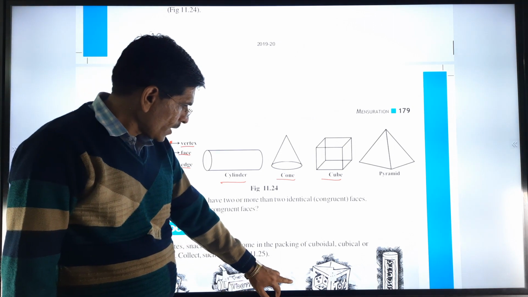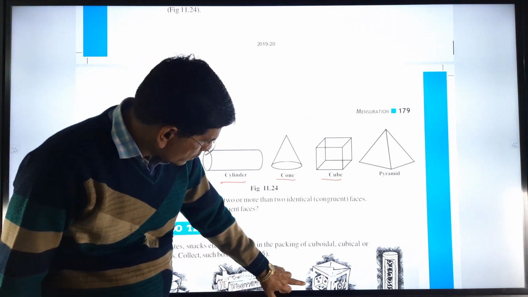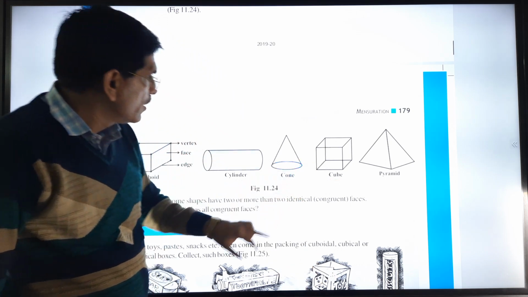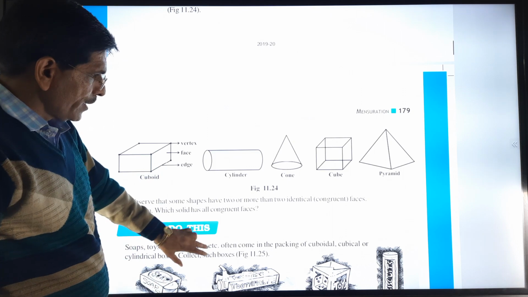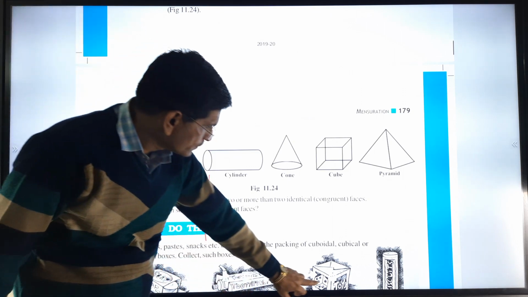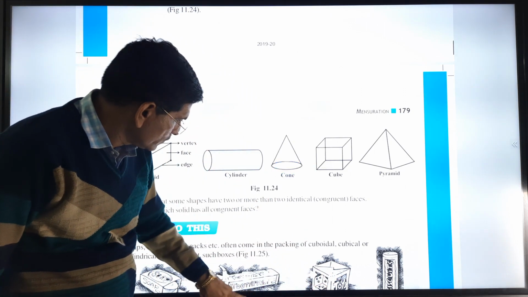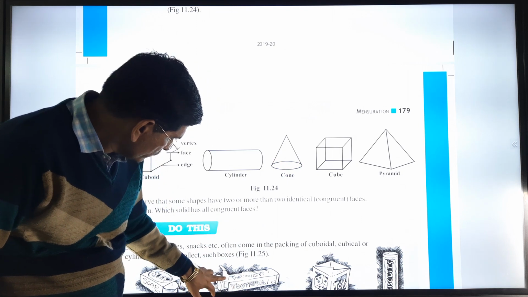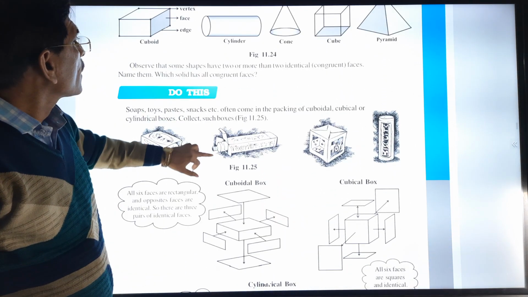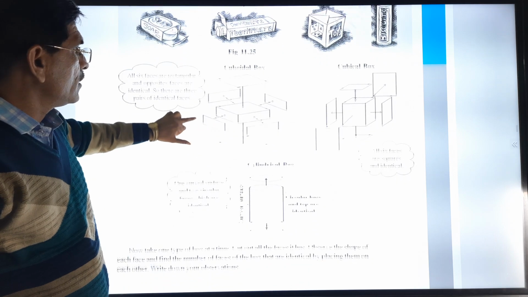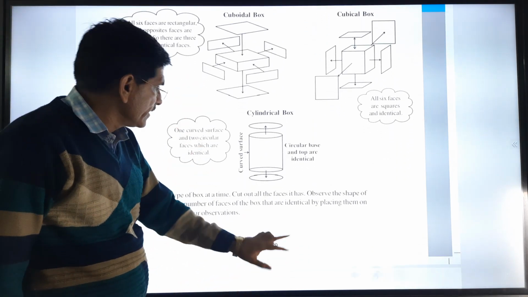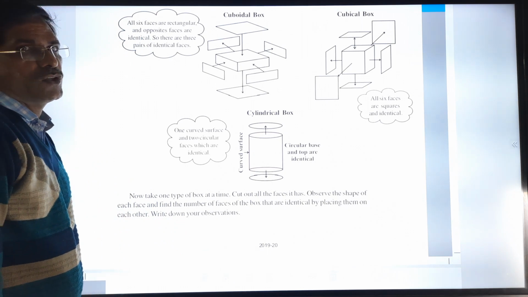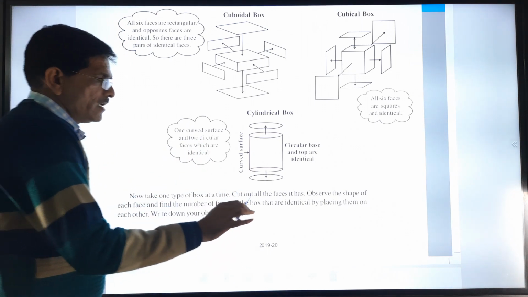Now we go for cube, cylinder and cuboid. So these are the 3 different shapes that we want to discuss in this chapter.